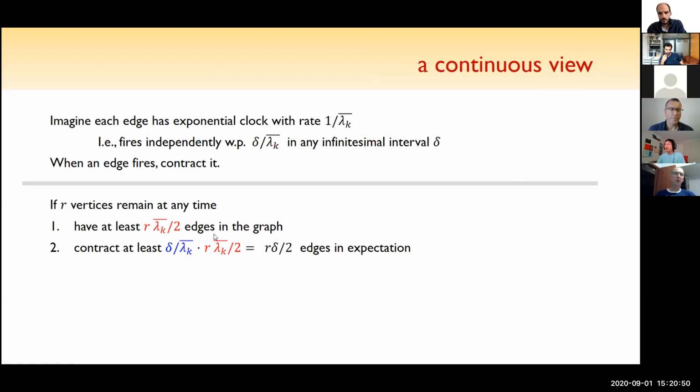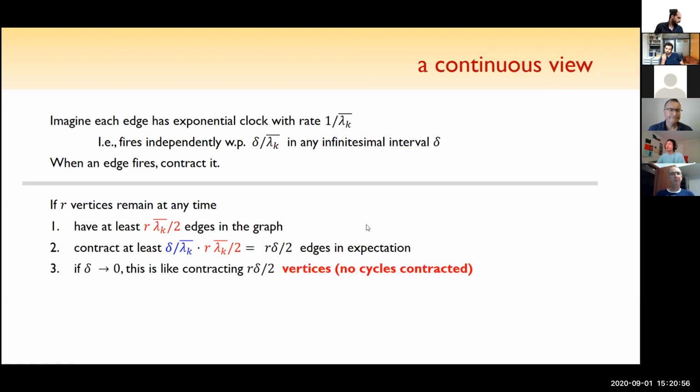Now every single edge gets contracted with this probability, and we want to say that the reduction in the number of edges is roughly the same as the reduction in the number of vertices. This is true as long as no cycles are contracted, because in a cycle, once we contract all the edges except the last one, the last edge we contract does not reduce the number of vertices. But when delta goes to 0, this should be true, because this quantity itself is much less than 1.